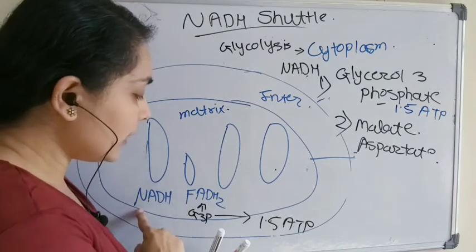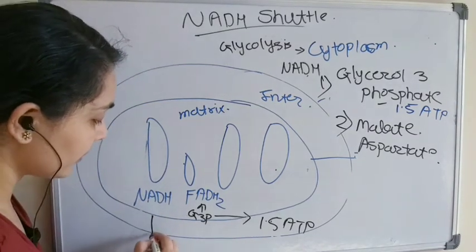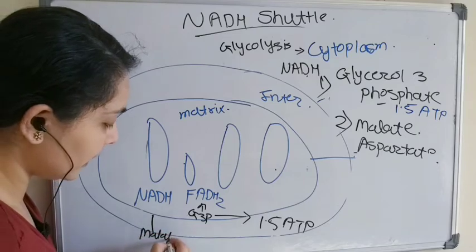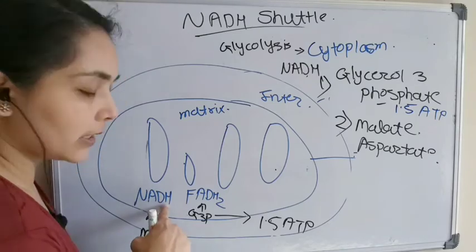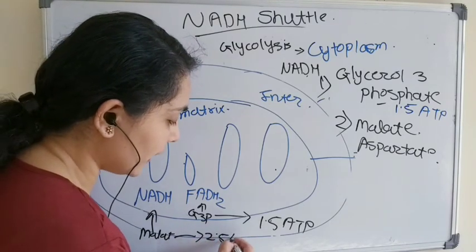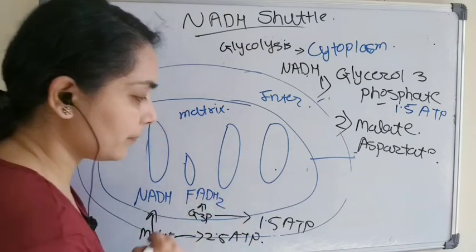So from one NADH molecule we will get 2.5 ATP.